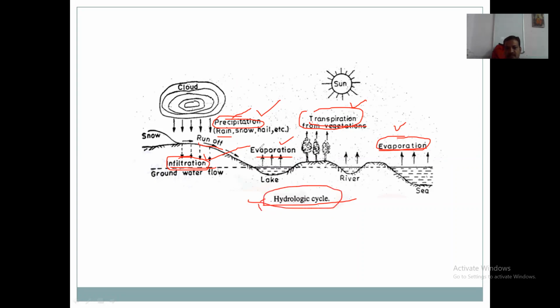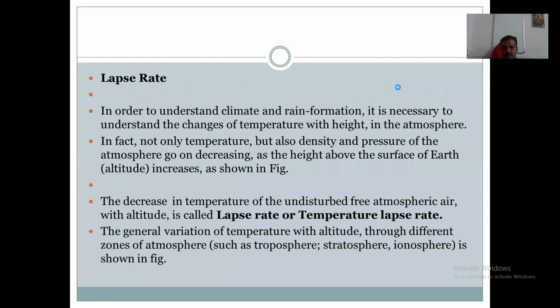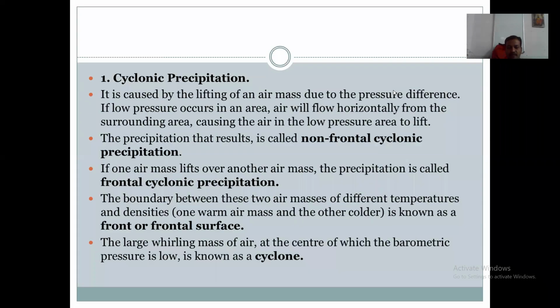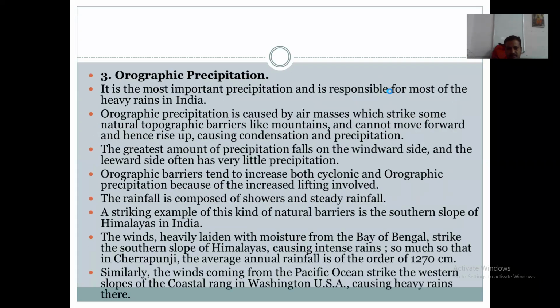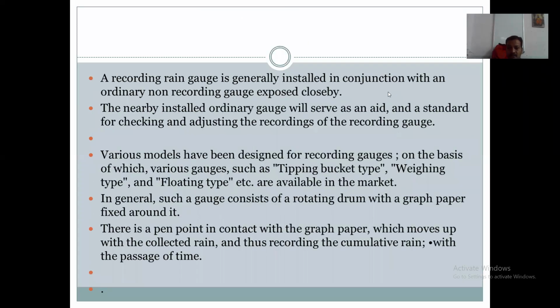Out of those, we have seen precipitation: how precipitation is measured, what the types of precipitation are, and how rainfall is measured. The next terms of this hydrologic cycle are evaporation, transpiration and infiltration.